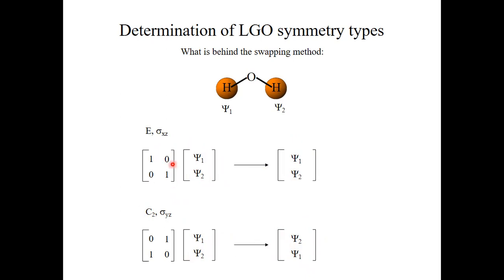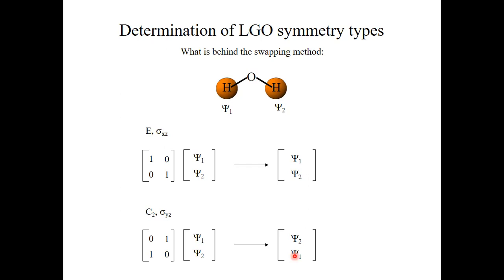For the identity and sigma xz, this is the correct matrix that, when multiplied with the original matrix for the 1s orbitals, gives the final matrix for the 1s orbitals. And for C2 and sigma yz, this matrix here is the matrix that when multiplied with the 1s orbitals in the original form, gives the 1s orbitals in their final form.